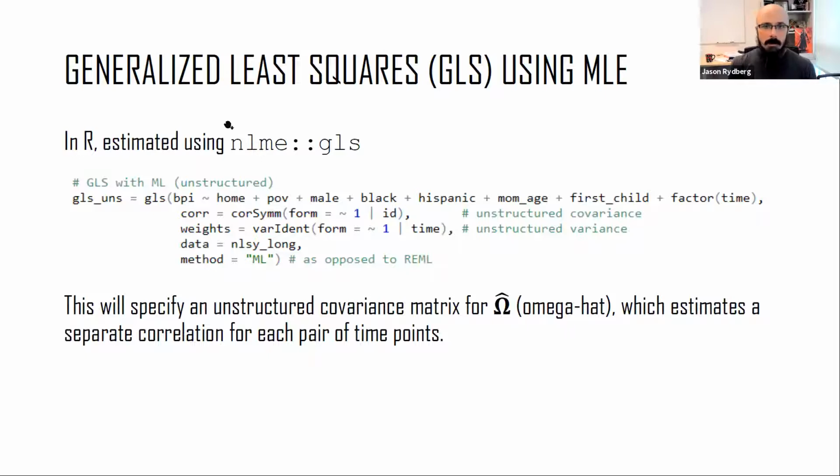In R, these can be estimated using the nlme package, which is one of the multilevel modeling packages in R. In this case, we aren't specifying random effects for parameters yet. Again, we will do that soon. But we have our formula, and we're including our categorical variable for time.